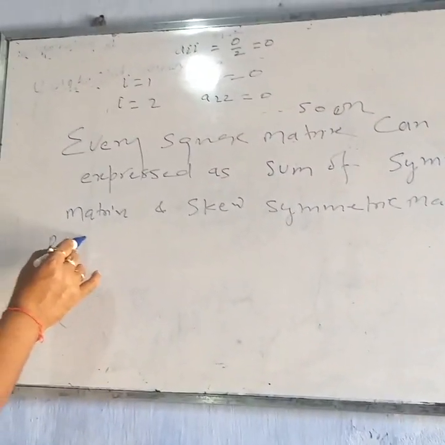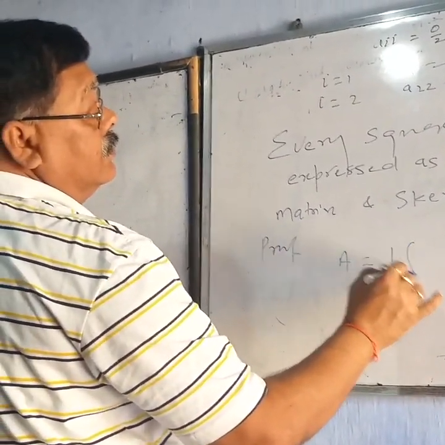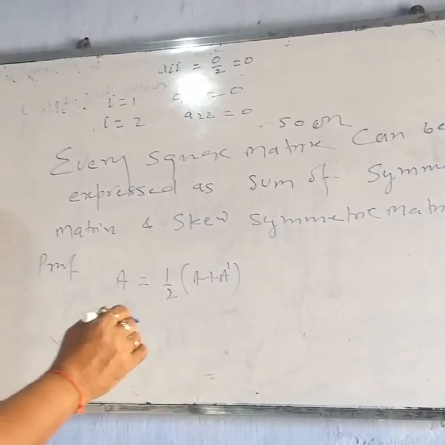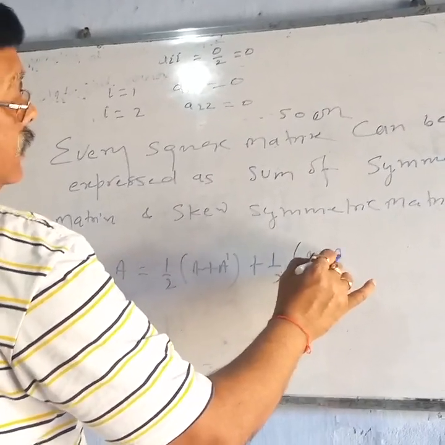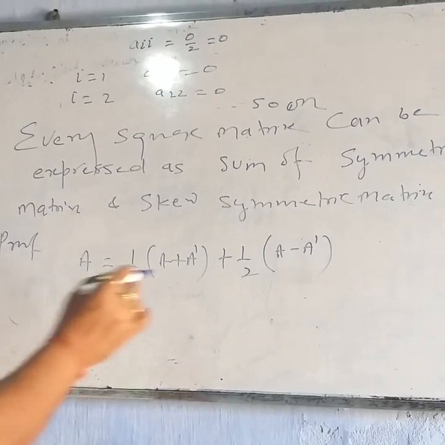Proof: if A is a matrix, A can be written as 1 by 2, A plus A transpose, plus 1 by 2, A minus A transpose. We can write it in this way.